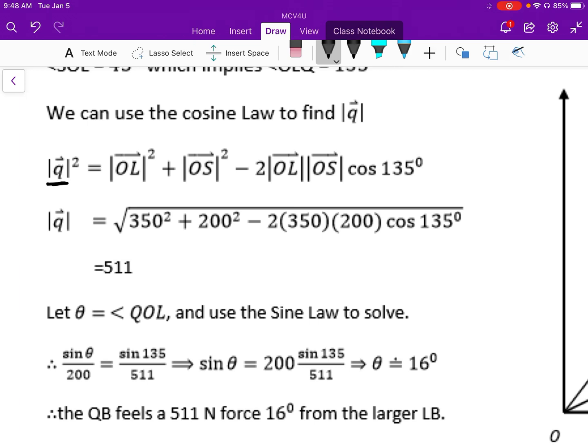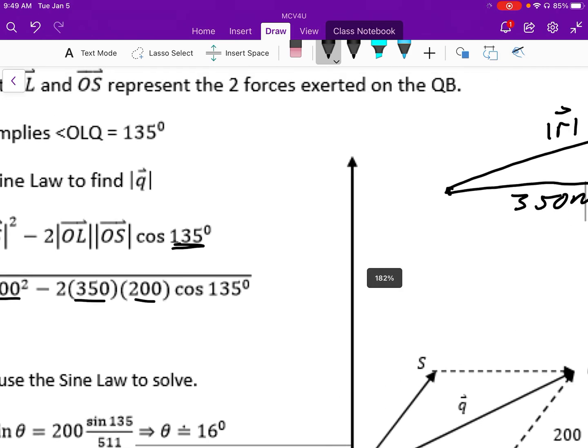You see the 135 degrees in there. We put in our 350 and our 200, and when you use your calculator, you solve. This is the magnitude that the linebacker feels. So 511.